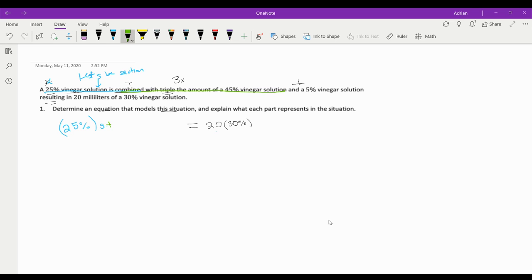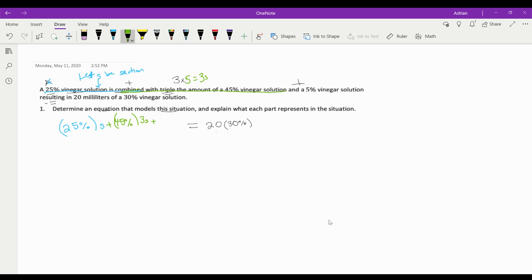So I need to add 45% of triple the amount. So I know my first part had S amount of solution. So if I have triple the amount, I have 3 times S, or in this case, 3S. So I'm going to write this as 45% times 3S.